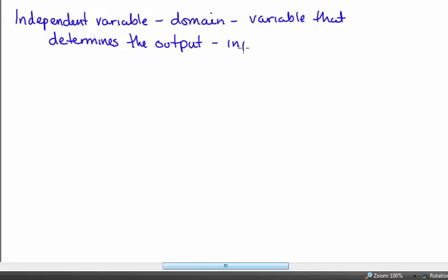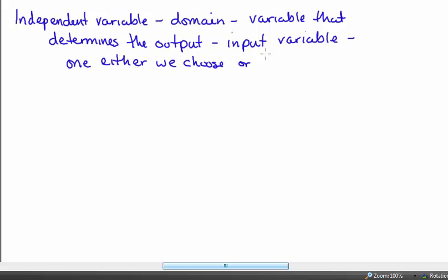This is our input, and this is the one that either we choose or there is no choice. By that I mean if we're talking about time passing, we don't choose for time to pass. Time just passes. So in almost every situation, time is an independent variable. Not in every one, but in almost every one.